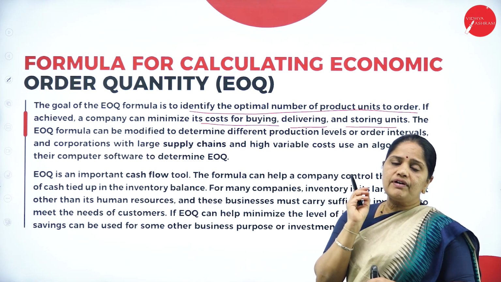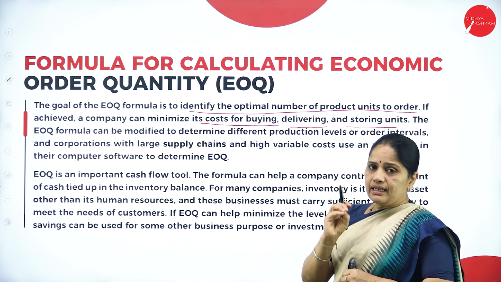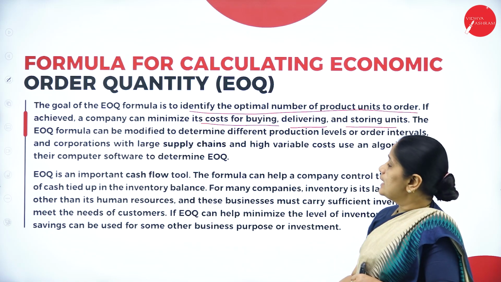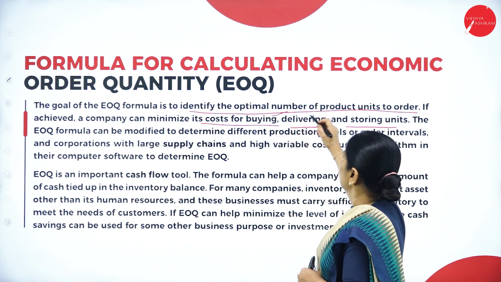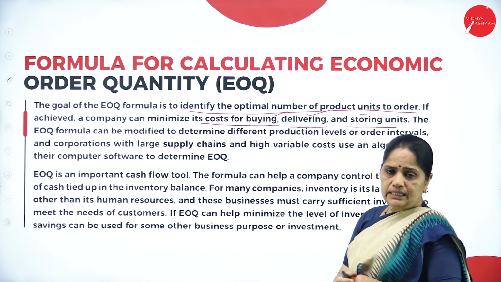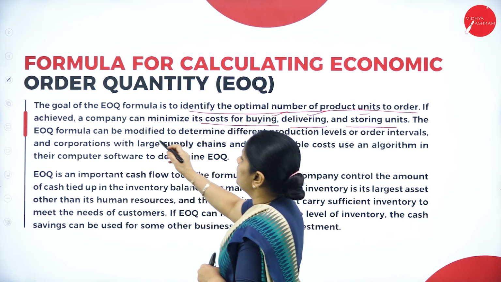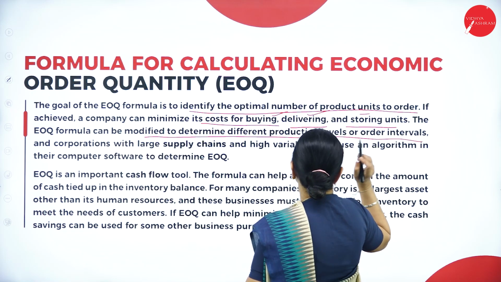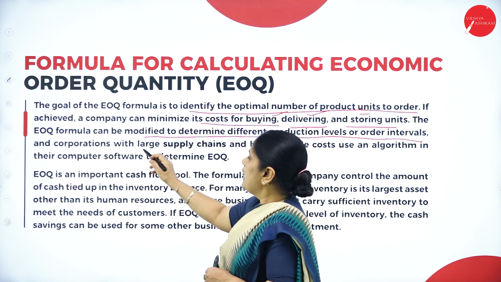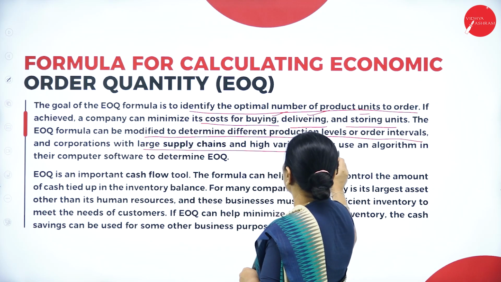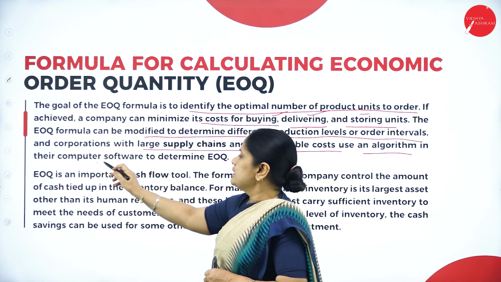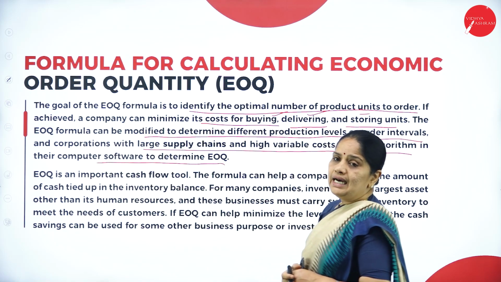So if you can find the ideal number of units to order, then we can save on the cost for buying, delivering and storing the units.